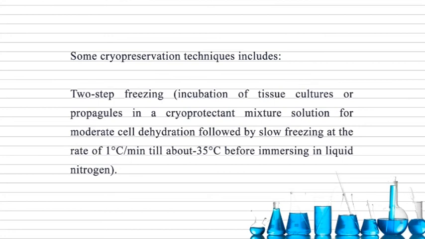And the next is two-step freezing, which includes incubation of tissue cultures or propagules in a cryoprotectant mixture solution for moderate cell dehydration, followed by slow freezing at the rate of 1 degree Celsius per minute till about -35 degrees Celsius before immersing in liquid nitrogen.